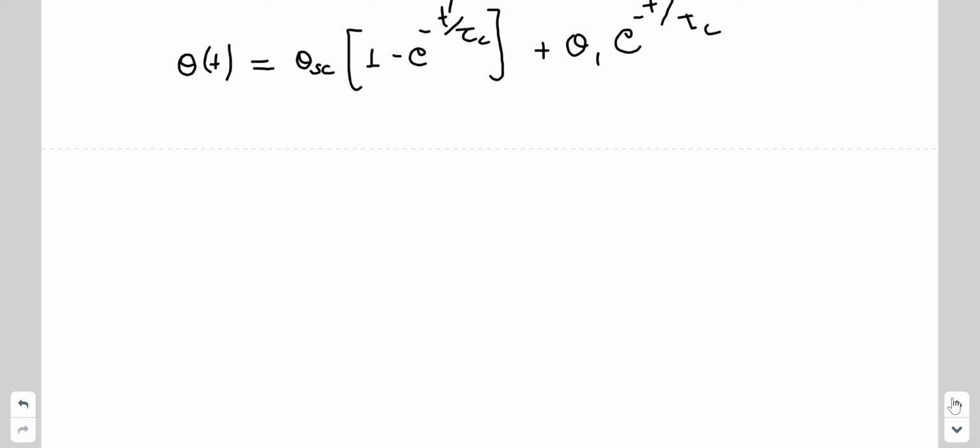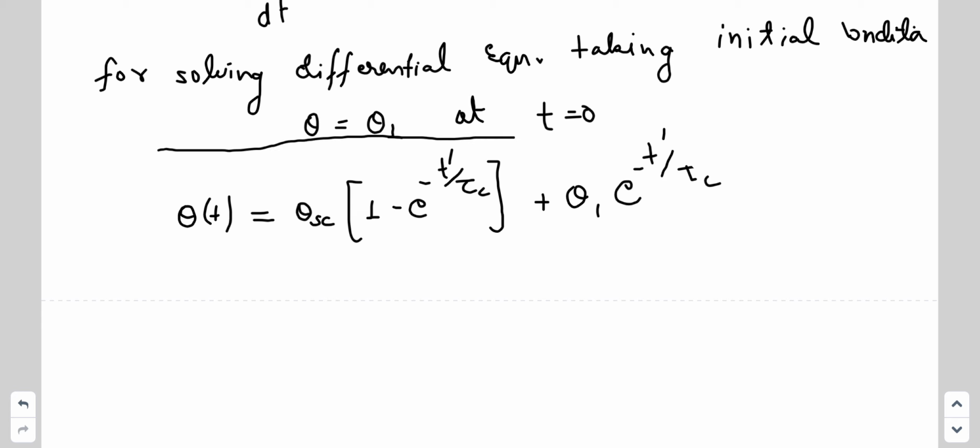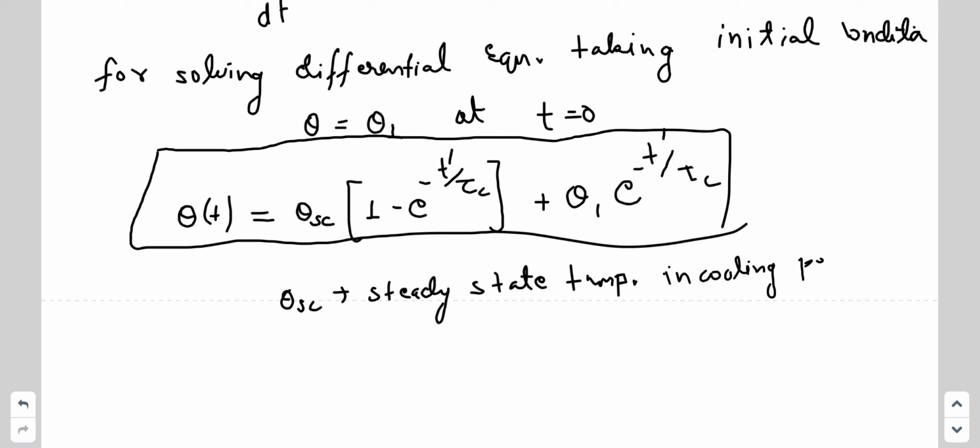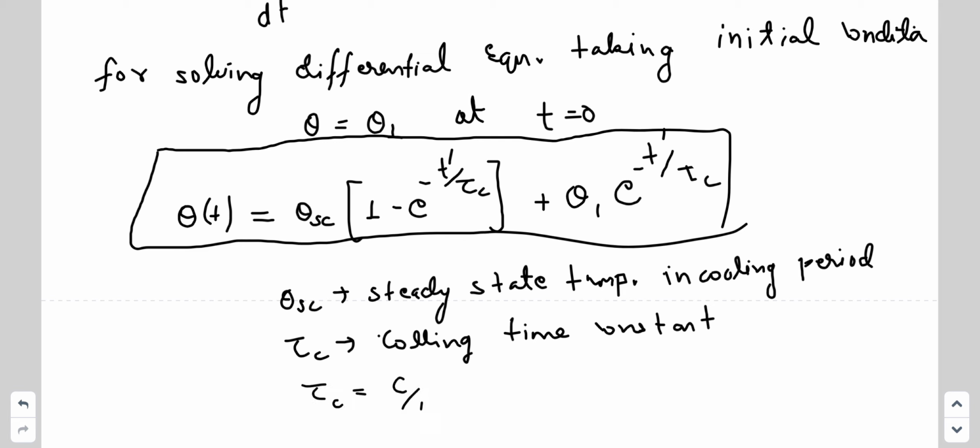This is our equation for the cooling period, where theta Sc is the steady state temperature in the cooling period, and tau c is the cooling time constant, which is tau c equal to C by D dash.